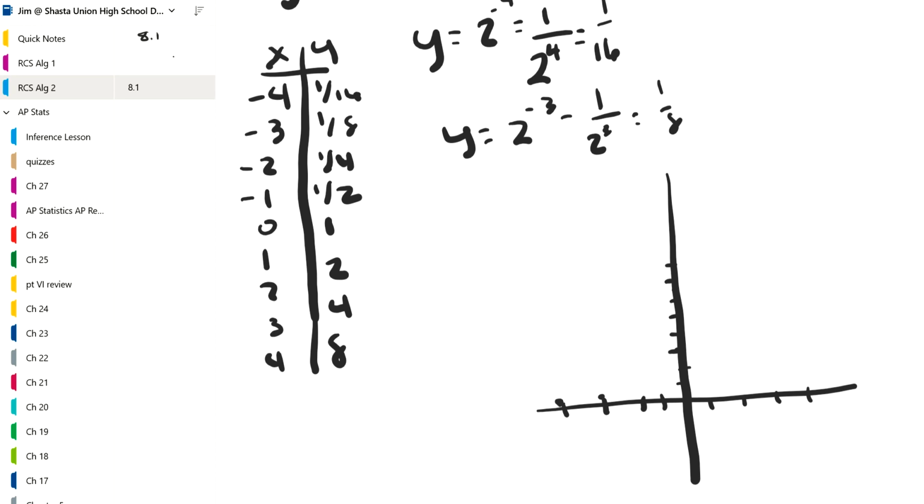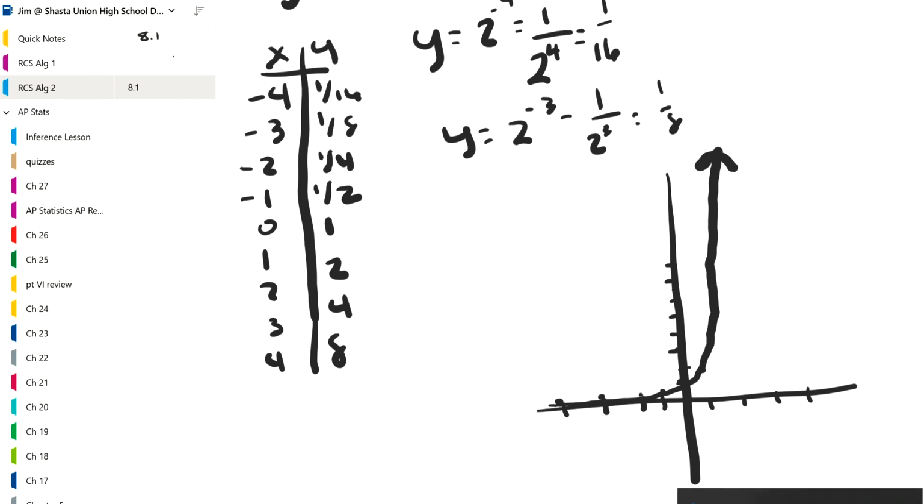And then 1/8 is a little bit bigger, but not much. And then we get to a half, and then we get to 1, 2, 4, 8. And your graph basically goes like this. It keeps going and going and going.